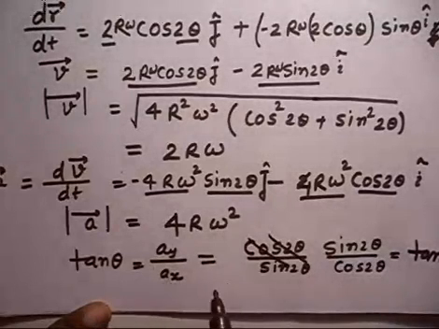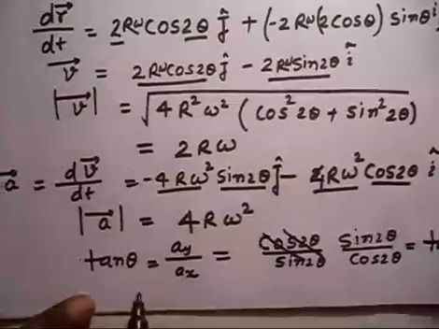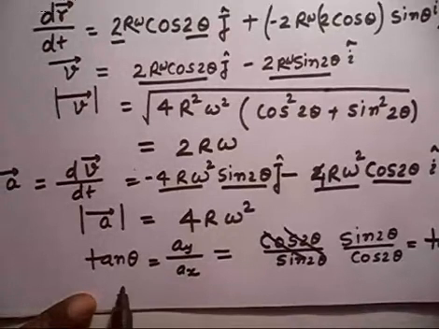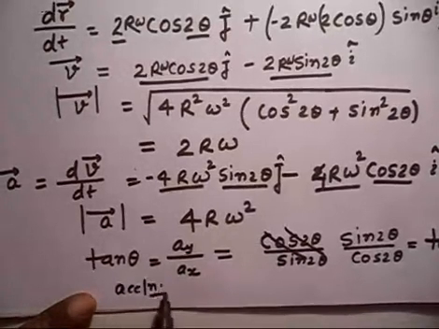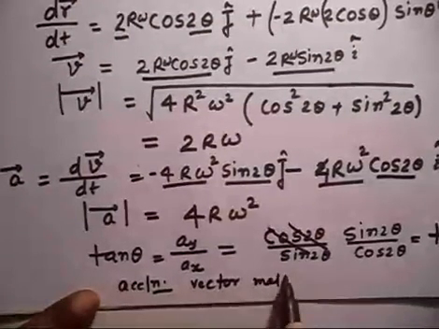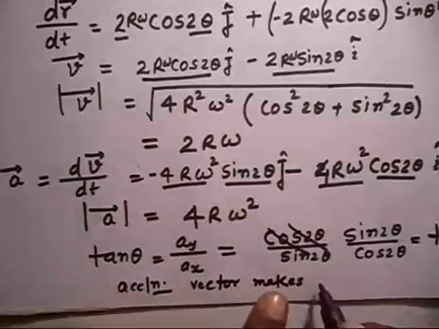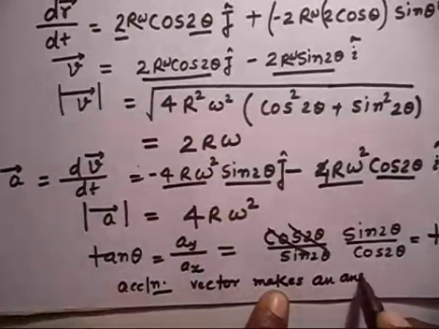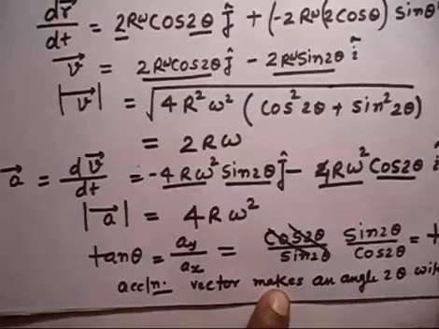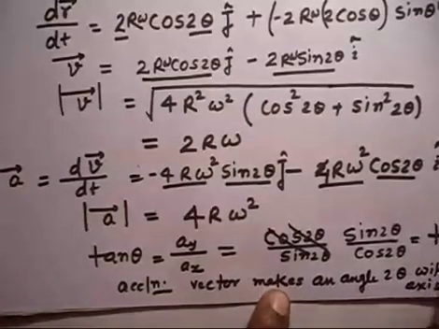This means the acceleration is making an angle of 2 theta with the x-axis. So the acceleration vector makes an angle 2 theta with the x-axis, and the x-axis is shown in the figure.